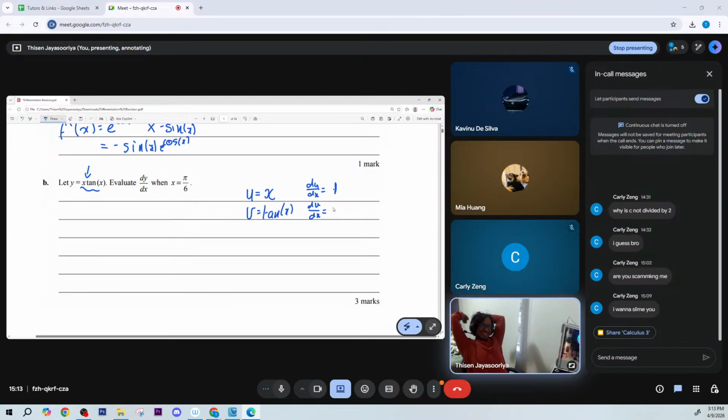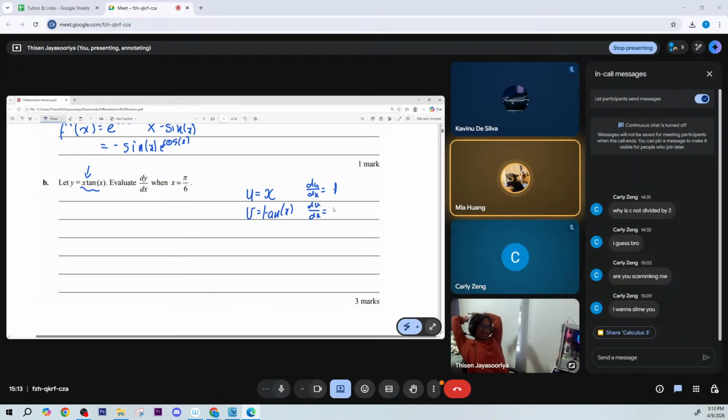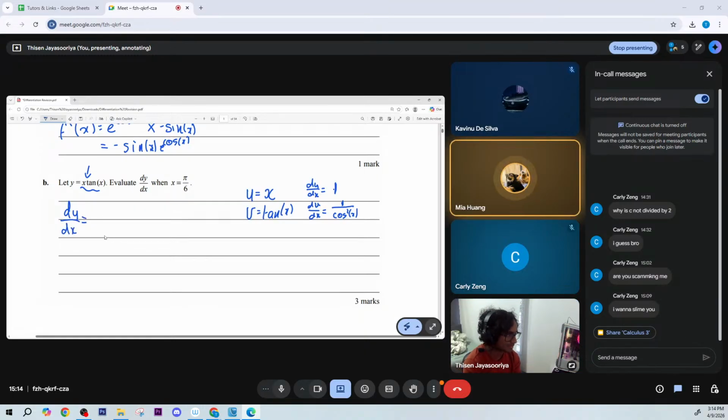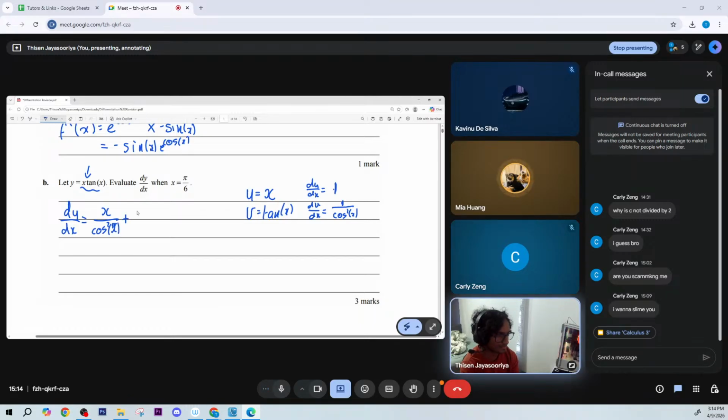Oh, is it 1 over cos squared x? Yeah, 1 over cos squared x. So, what does dy on dx equal then? Would it be x over cos squared x plus tan x? Yep. And then, what is that value at x equals pi on 6?